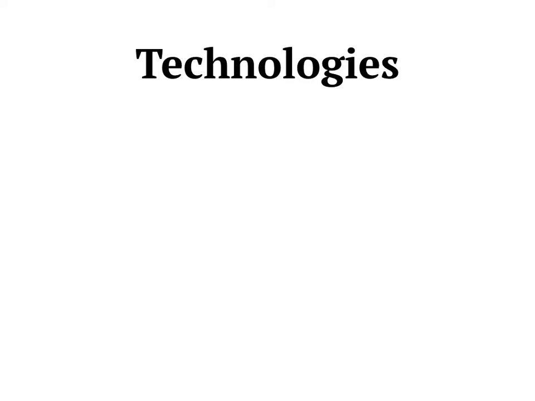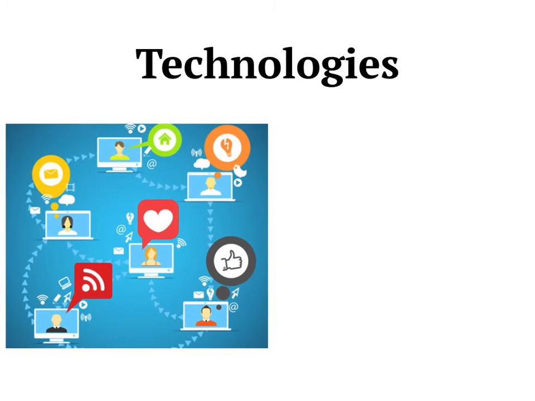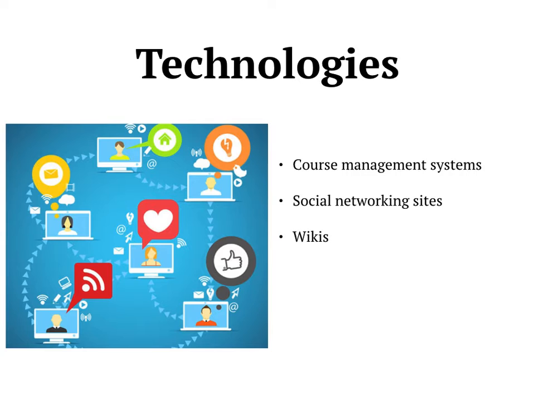There are several technologies to support successful collaborative learning in an online environment, such as course management systems like Blackboard or Canvas, which facilitate group emails, discussion boards, and files exchange. Social networking sites can be used for threaded discussions, chat, and blogging. Wikis, which are shared web spaces where learners can create, edit, or embed multimedia to share information.